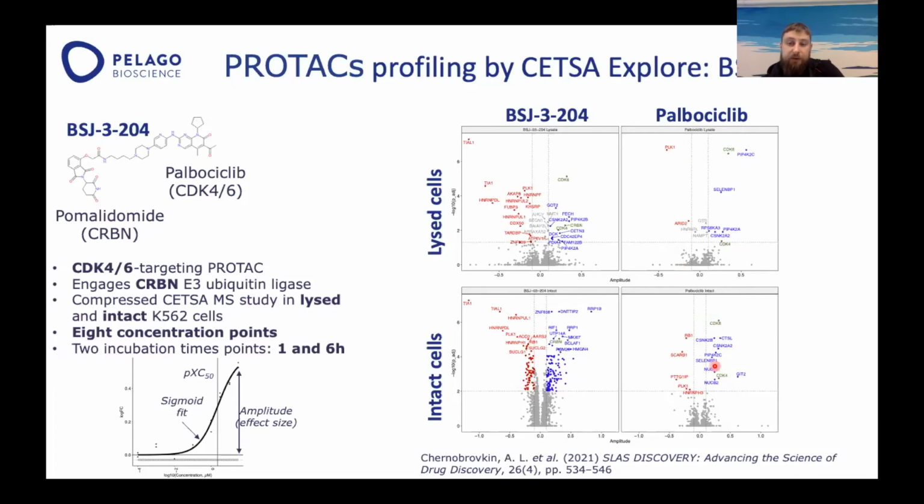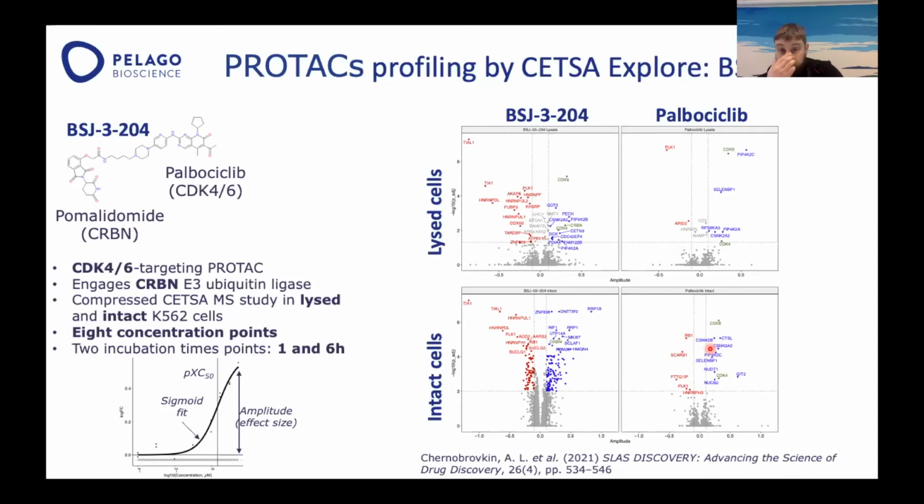But what we also see is a destabilization of RB1, which is downstream of the CDK4 and CDK6 kinases. And usually it's being heavily phosphorylated by the CDKs. So we can see both direct binding events in intact cells, but also the downstream events in the cells.